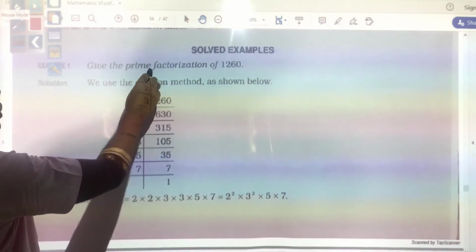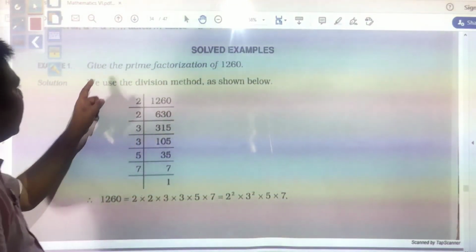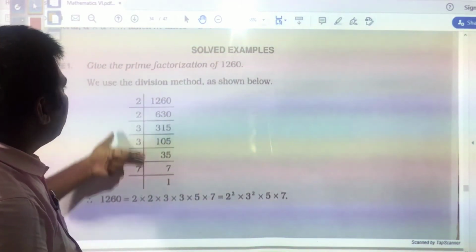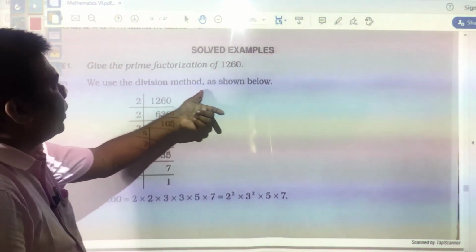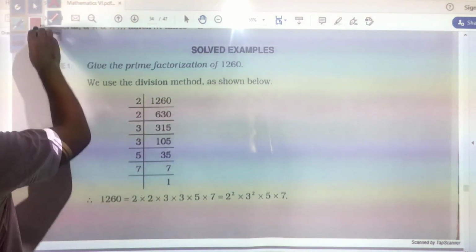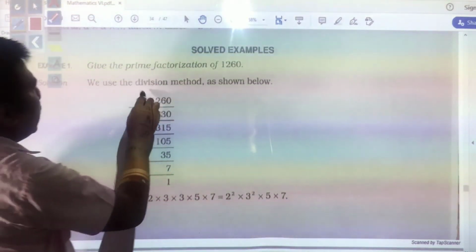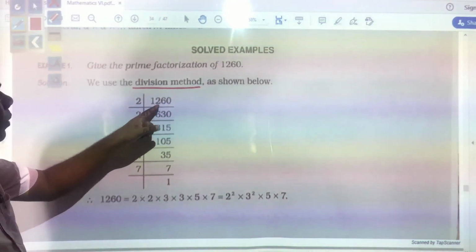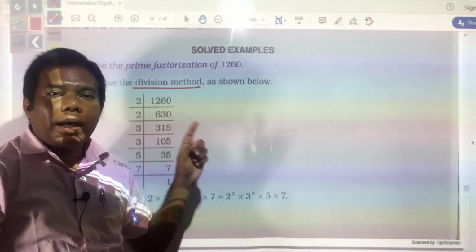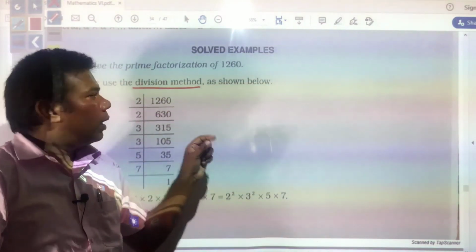Then you have some short examples. Give the prime factorization of 1260. Just see, we use the division method as shown. This method is called the division method, already you know. Here you have 1260, and you start dividing this number by prime numbers, starting with the smallest one.